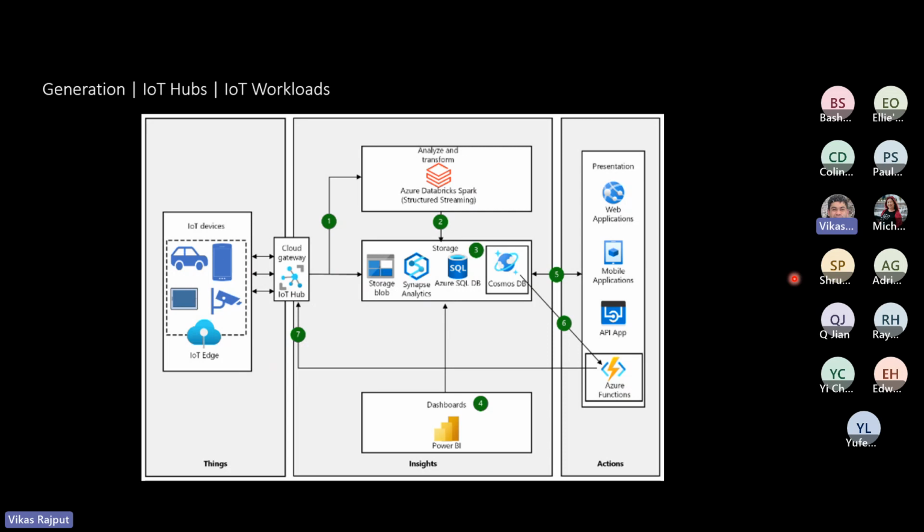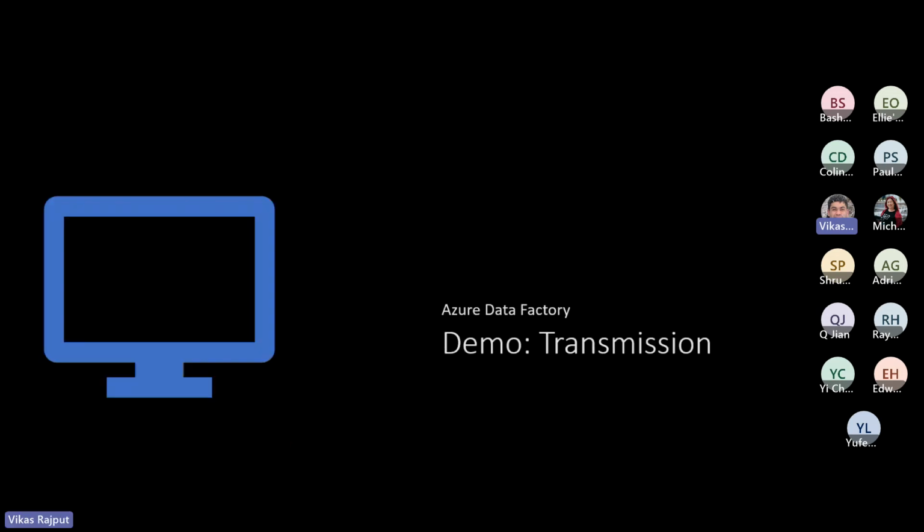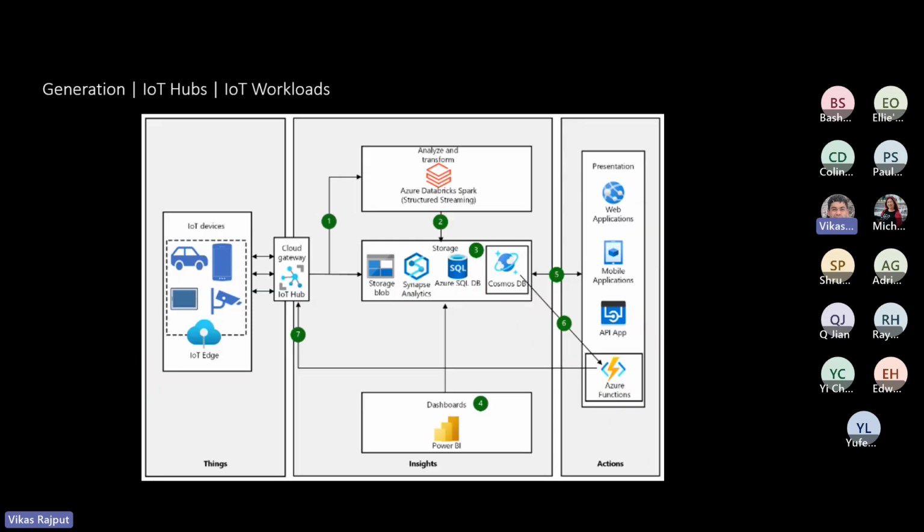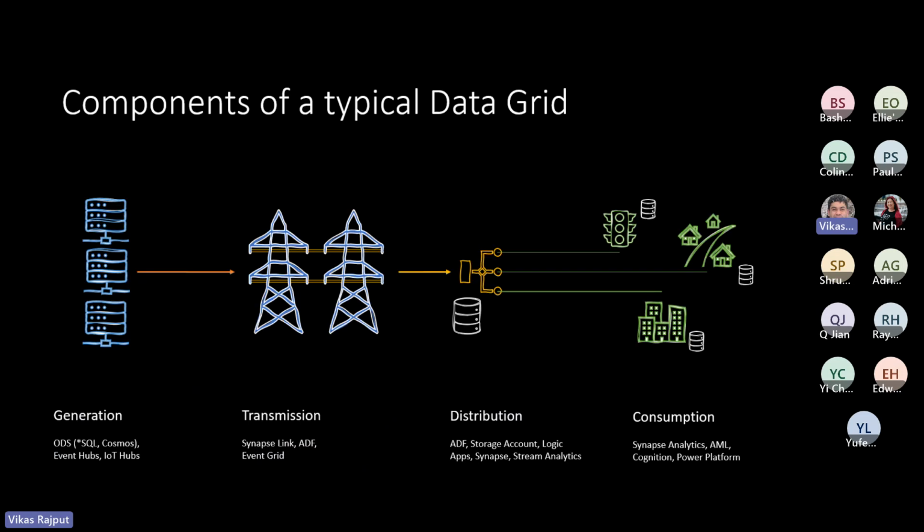I'll carry on to the next section as well, but I just want to take a pause here and see if there are any questions. Just a very quick recap. We talked about a few things here, right? If I go back to the main slide here, we talked about operational data stores. We talked about some of the generation patterns.